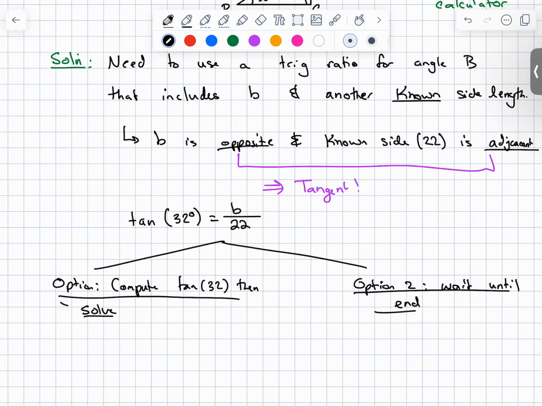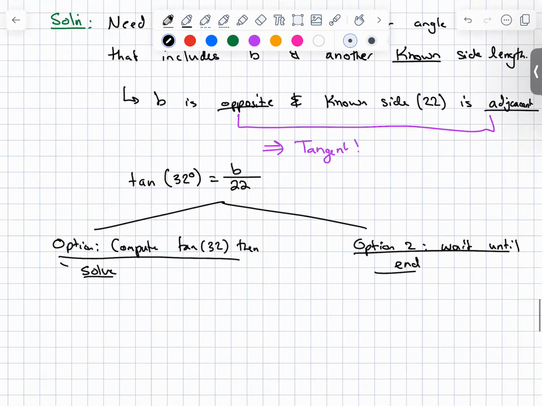If you don't like viewing tangent of 32 degrees as a number just in your head, just know that it is a number, so it behaves just like any other number, like 5 or -2. So tangent of 32 degrees is equal to B over 22. Right now, you could solve it in two ways.